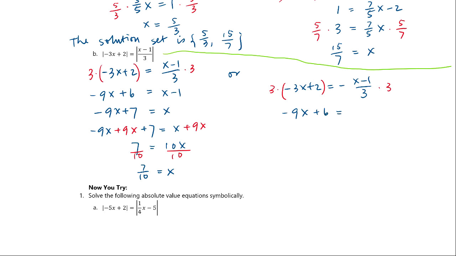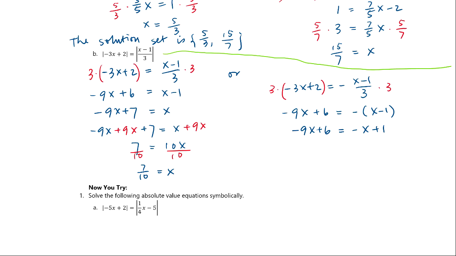But on the right side, I should have negative of x minus 1. Don't forget to put the parentheses over here because that x minus 1 on the numerator has this invisible grouping symbol around it. Once you drop the denominator, don't forget to add it on. And from here, we can go ahead and simplify the right-hand side to be negative x plus 1.